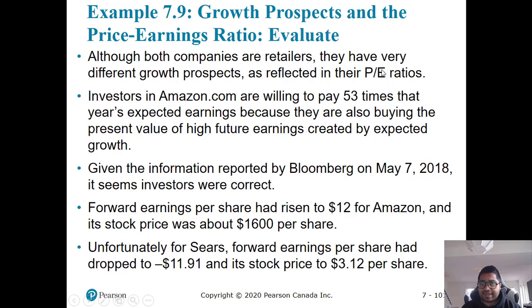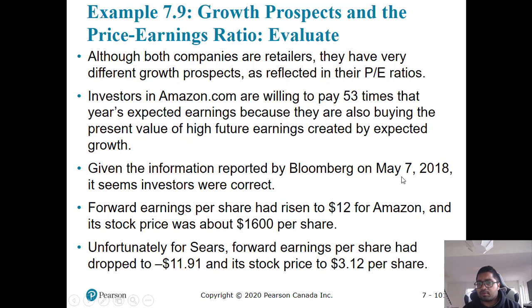Although both companies are retailers, they have very different growth prospects as reflected in their PE ratios. Investors in Amazon.com are willing to pay 53 times that year's expected earnings because they are also buying the present value of high future earnings expected from the growth.